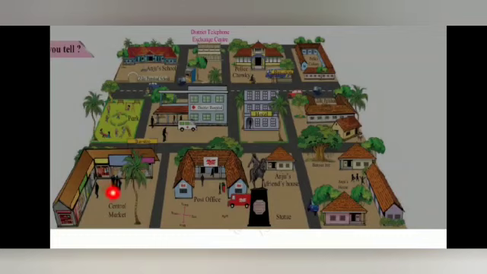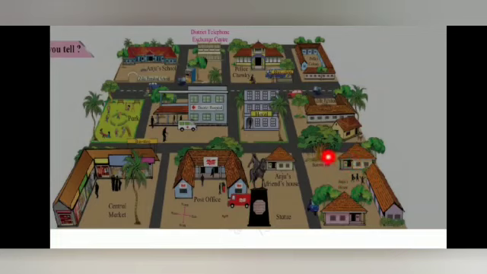Firstly, there is a central market. Then there is a post office. And near to the post office, there is Anju's house and a statue is also situated over there. Here we are in Anju's colony.